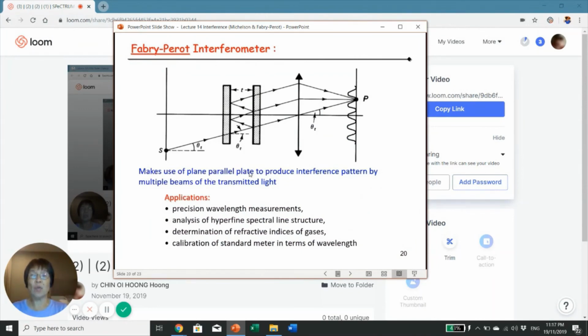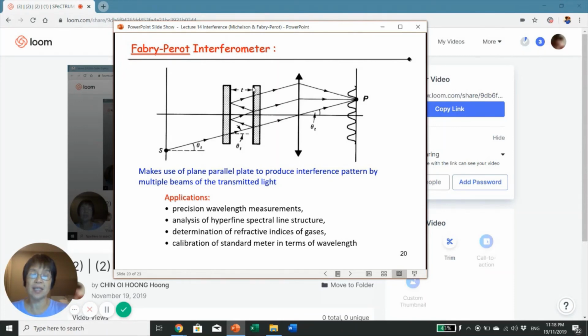All right, now we go to another set of interferometer. In this case, all you need is just 2 parallel plates, but we introduce an air gap between these two plates. Now, light will enter at an angle theta t, it gets refracted, enters here.